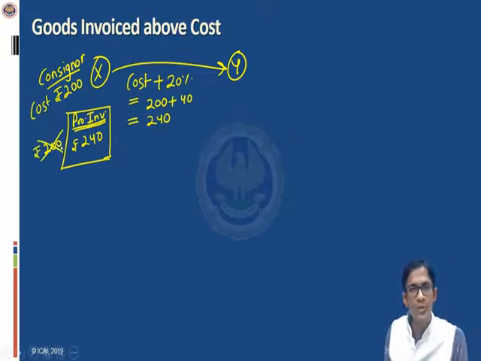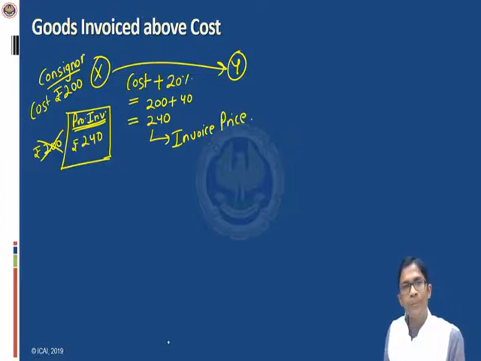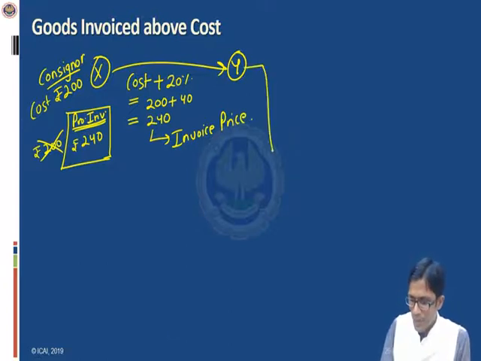So this may also be possible, that the pro forma invoice is not made at the actual cost to consignor, rather it is made at the value above the cost. This value is called invoice price. This value is called what? Invoice price.